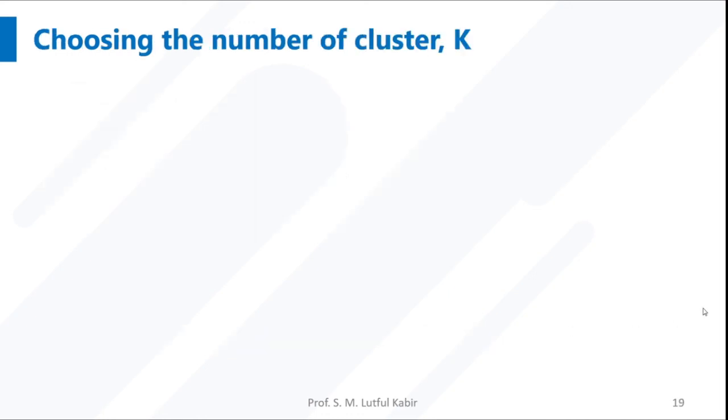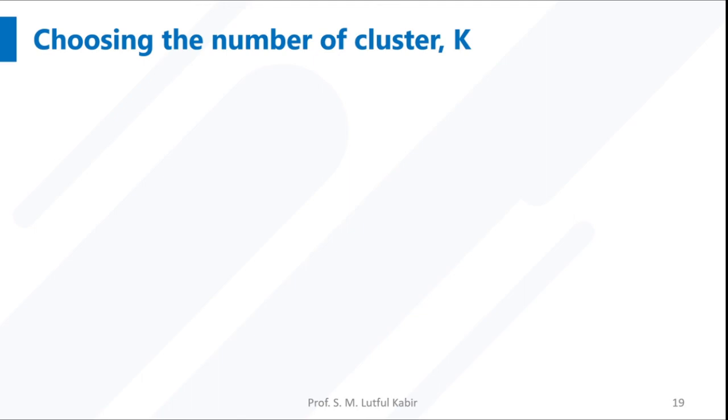Our last topic is how to choose the number of clusters. As I mentioned earlier, this is actually the first step. Although we are discussing it last, to start the random initialization you first of all decide what should be the number of clusters, for how many clusters you are going to solve this problem.